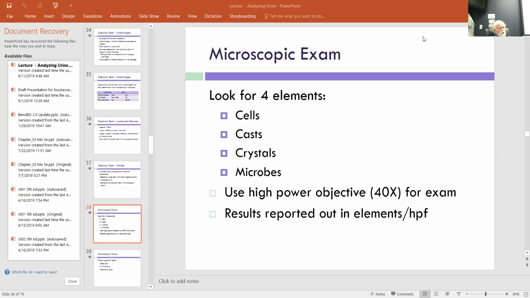So the third major one is the microscopic exam, where we're looking at cells in the sample. Those cells can be red blood cells, white blood cells, or they can be epithelial cells. Okay, casts, crystals, microbes.